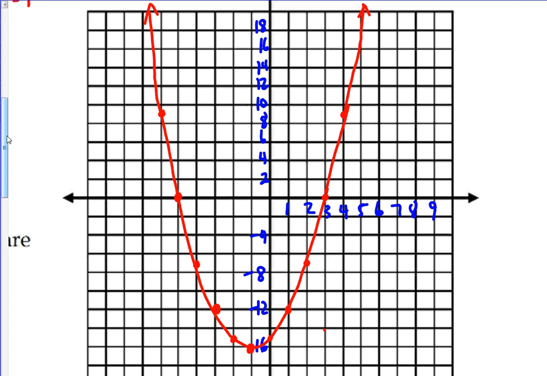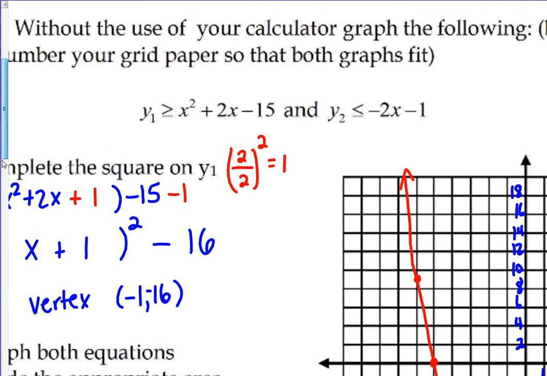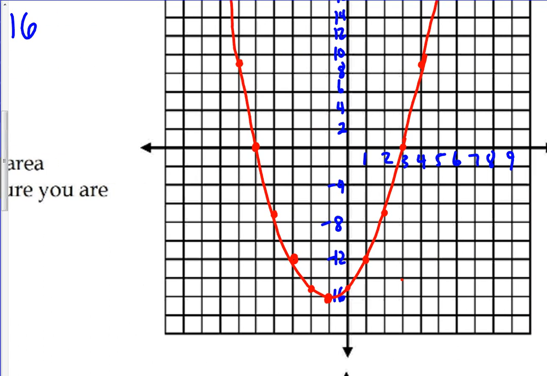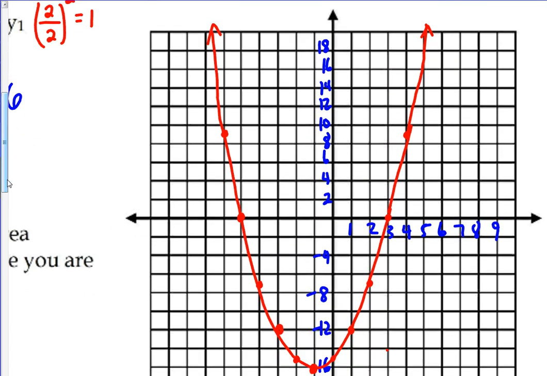Okay. What's the other line? It was what? Negative 2x minus 1. So when I plot that one, where do I start? Negative 1. This is ugly, right? Because you're going to have half portions.